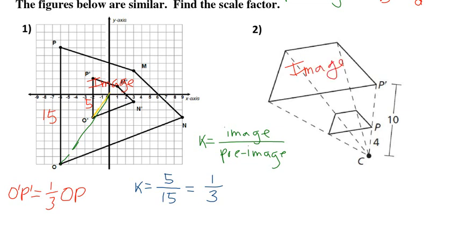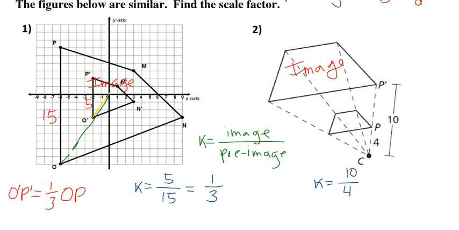Now we can write our scale factor. We're taking the distance from the center of dilation to the image, which is 10, to the corresponding distance from the center of dilation to the pre-image, which in this case is 4.